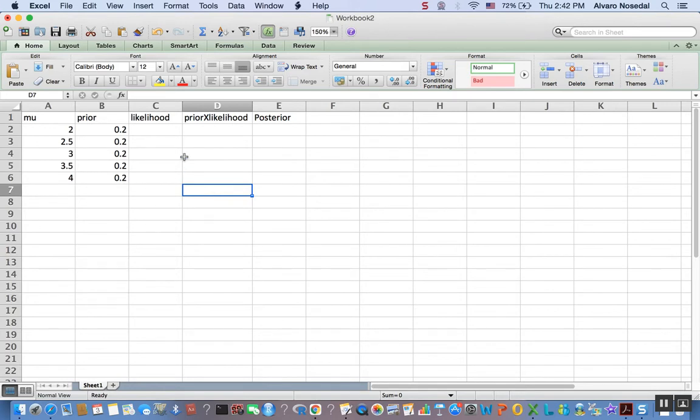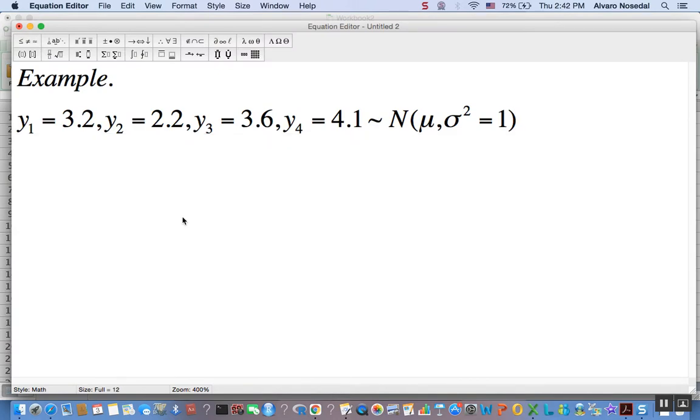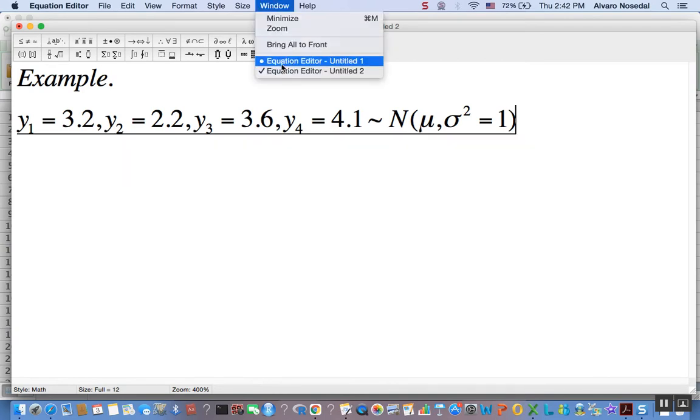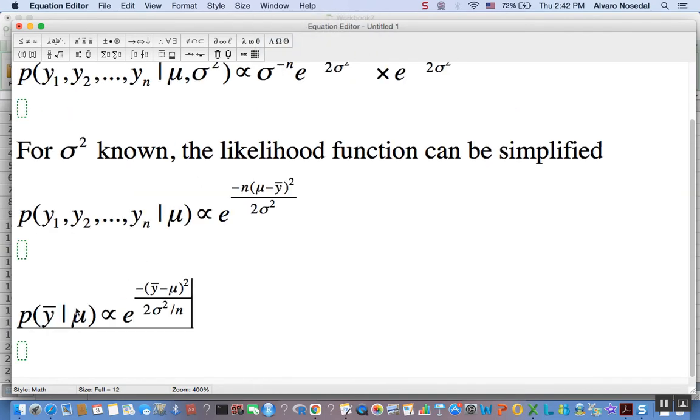So, as we said here, since we're interested in finding the likelihood of that sample of 4 observations, we could just evaluate at y bar.